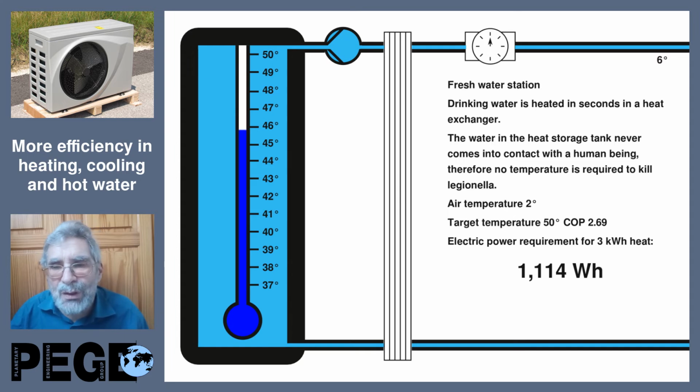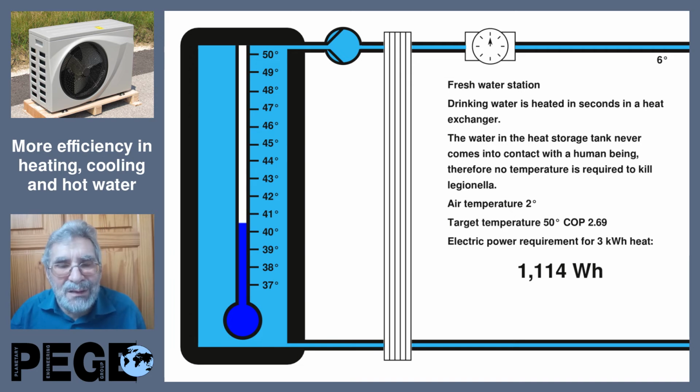And when the water is flowing, there's a water pump, and this water pump puts water from the heat storage to the other side of the plate heat exchanger. So we can use a lower temperature because we don't need to kill Legionella, because the water from the water pipe is in seconds heated up to the temperature we wish.